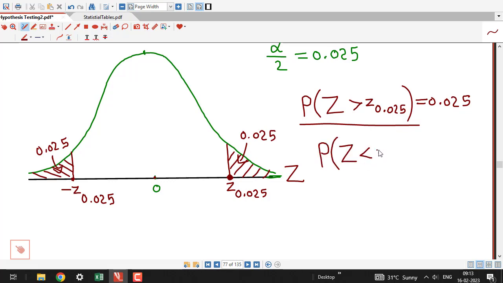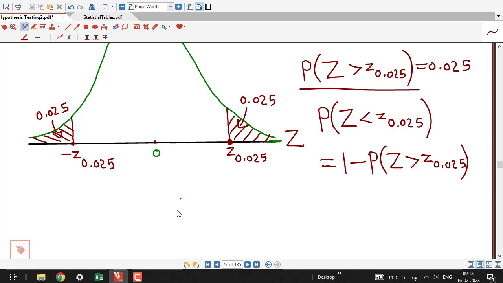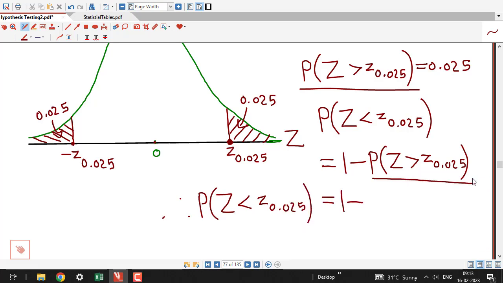Probability that Z is smaller than z suffix 0.025. This is nothing but 1 minus the probability of its complementary event, which is Z is bigger than z suffix 0.025. Therefore, the probability that capital Z is less than z 0.025 is equal to 1 minus 0.025, which gives 0.975.